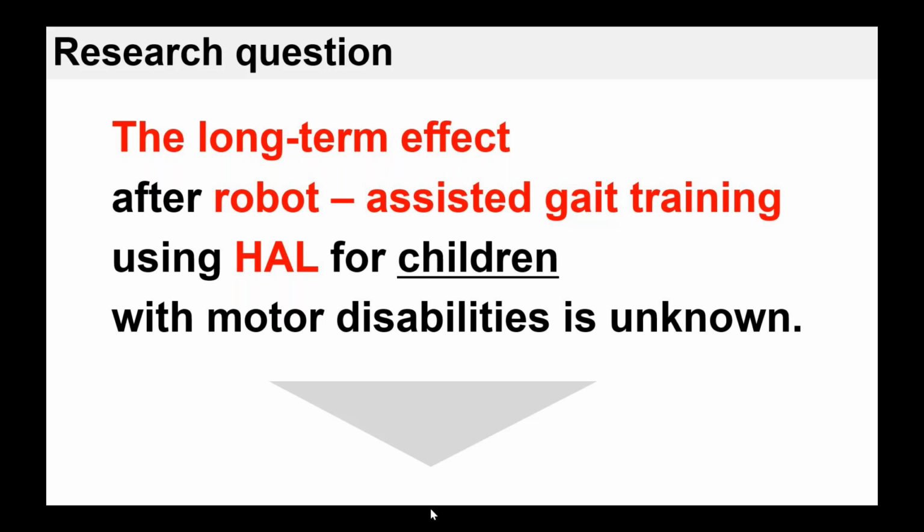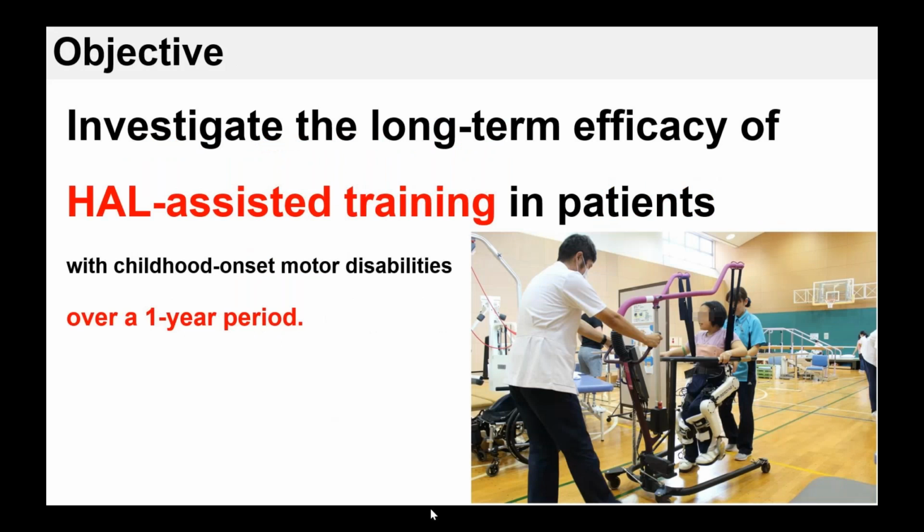Additionally, in patients with childhood-onset motor disabilities, it is necessary to clarify the optimal intervention interval and timing based on growth and development. This study aims to investigate the long-term benefit of training using HAL in patients with childhood-onset motor disabilities.